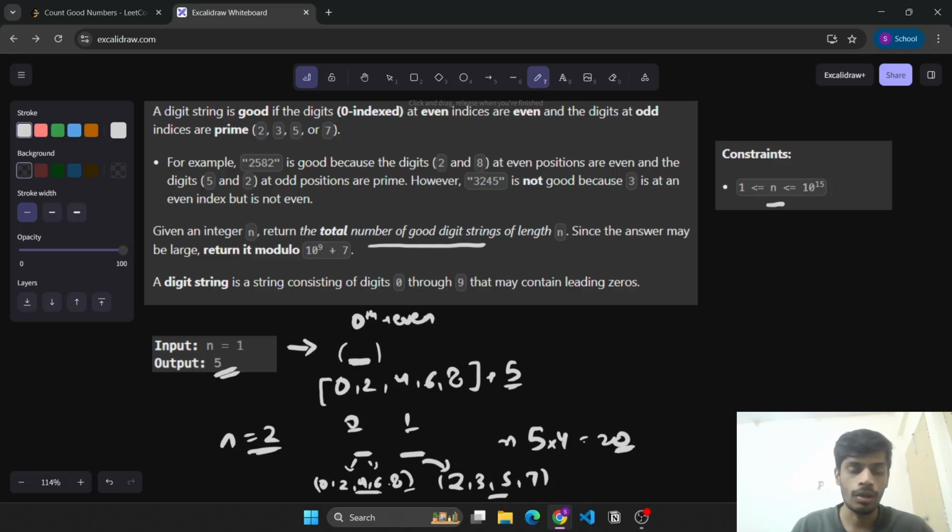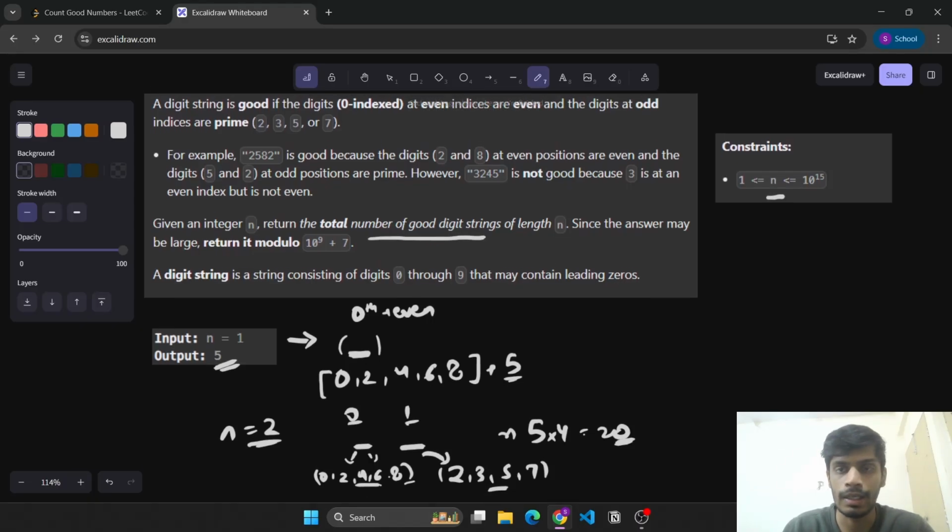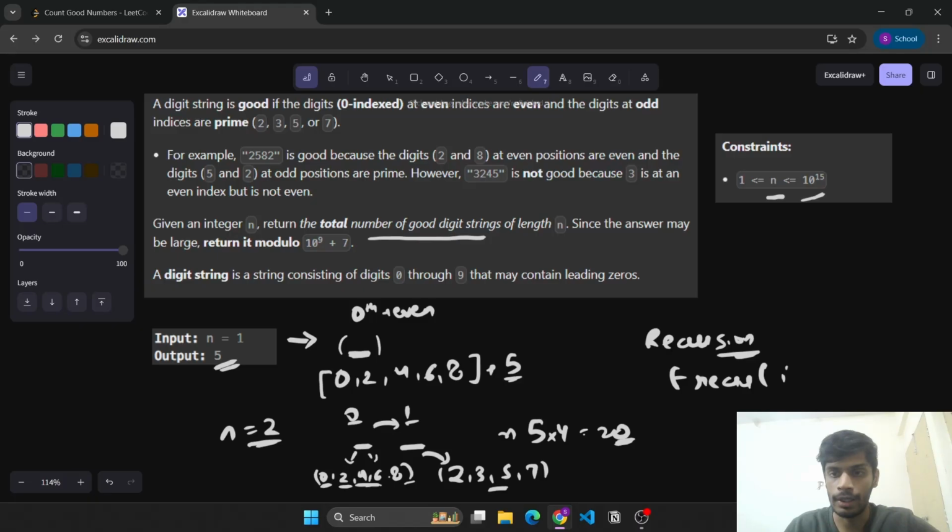Now, as you can see, the constraint on n is really high. If we try to think of a recursion approach to solve this question, we recursively fill these values and then move the index ahead, calling the recursion function for the next index.